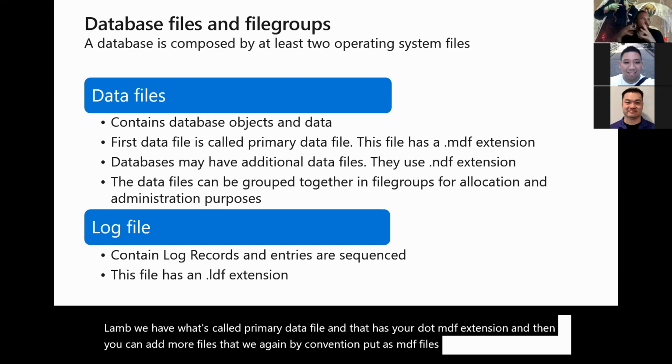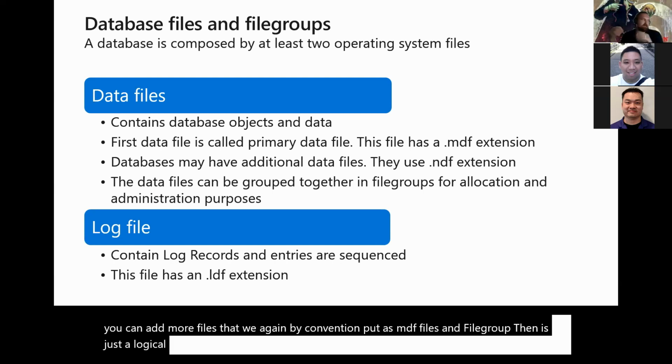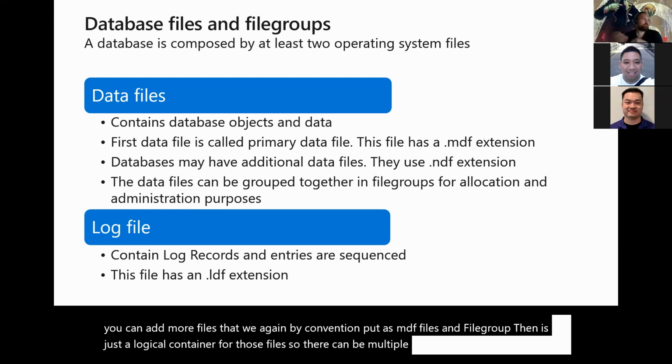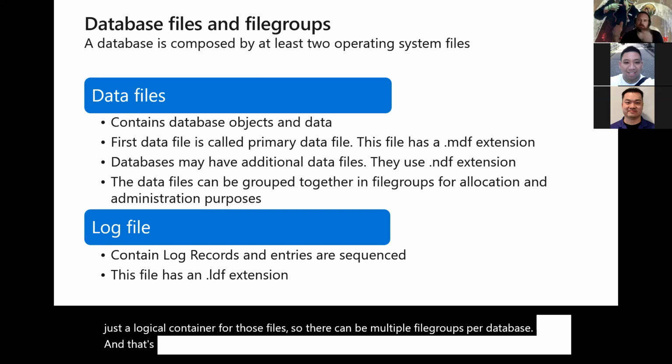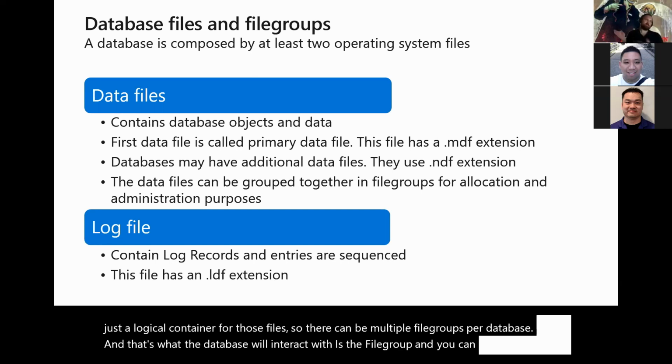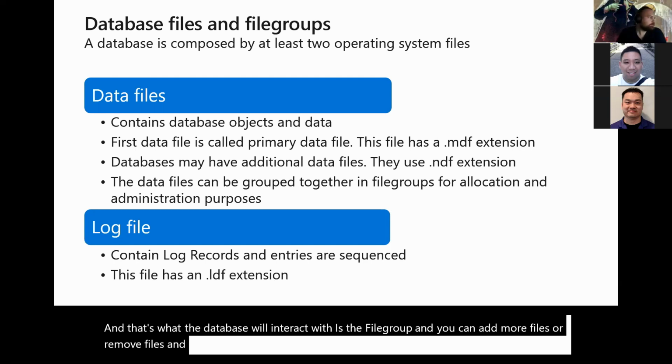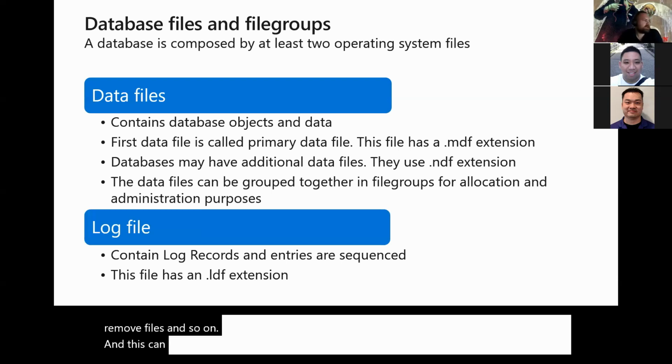A file group then is just a logical container for those files. There can be multiple file groups per database, and that's what the database will interact with, the file group. And you can add more files or remove files and so on. This can be important for some of the larger databases.